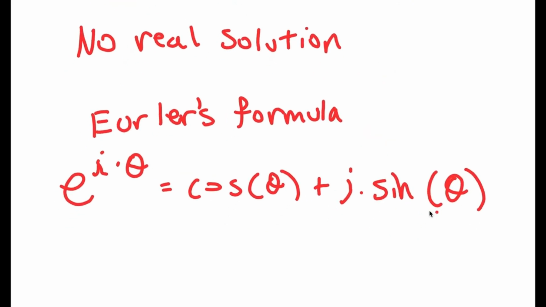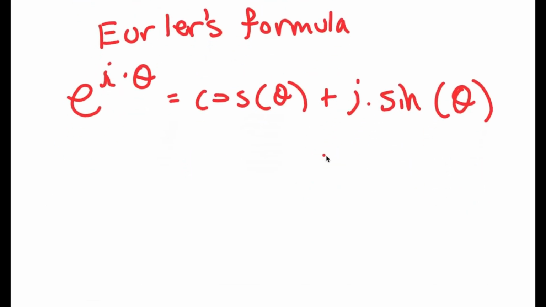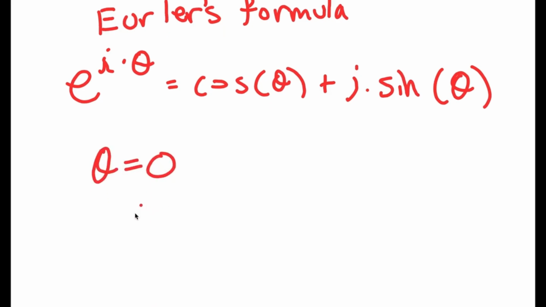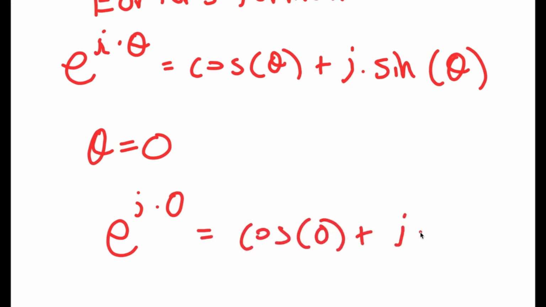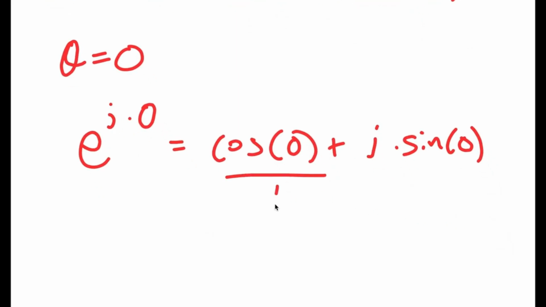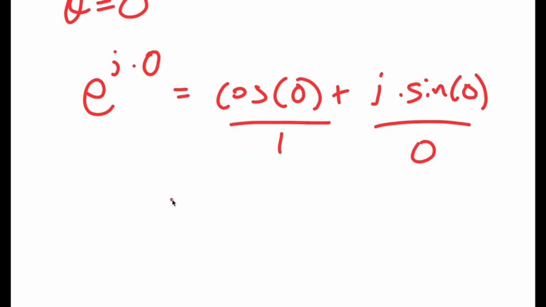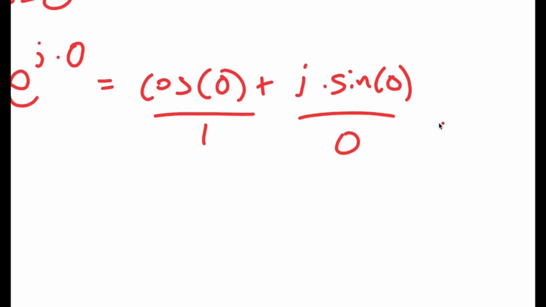And I know to many of you watching this video, this may just sound like a bunch of gibberish, but just hang on. So let's say that theta is equal to 0, right? Say that theta equals 0. So now I get e to the power of i times 0 is equal to cosine of 0 plus i times sine of 0. Cosine of 0 is 1 and sine of 0 is 0. So I get this all is equal to 1.